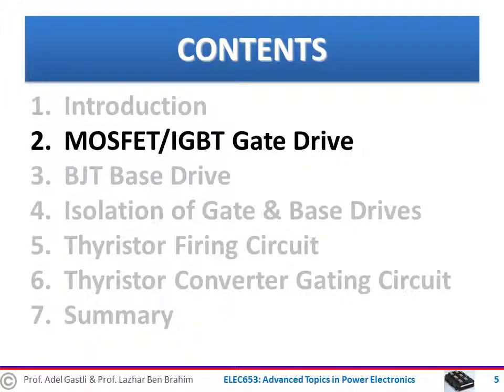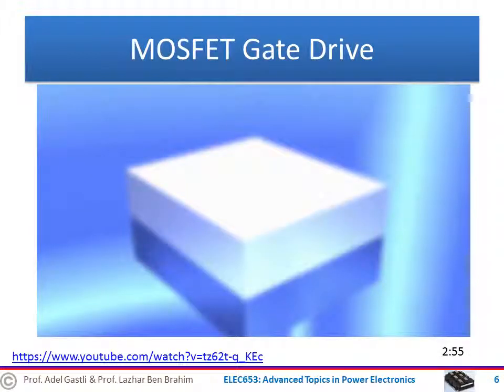Now let's study the MOSFET gate drive circuit. Before talking about the gate drive circuit for the MOSFET, let's first recall the mode of operation and characteristics of a MOSFET through this short video.